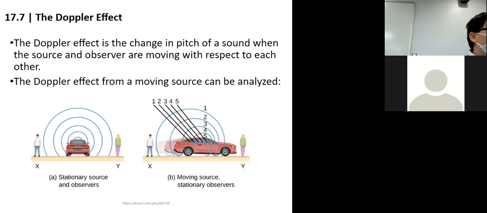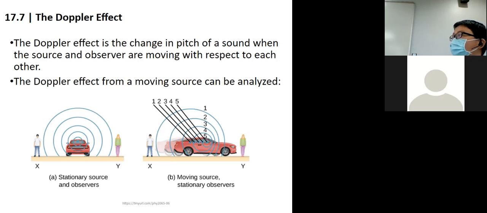Today we are going to take a look at another factor of the sound wave. Although we are talking about this with sound waves, this can be applied to other waves as well, for example microwaves. This is called the Doppler effect. This is when either the source or the observer, or receiver, is moving, or both of them are moving.